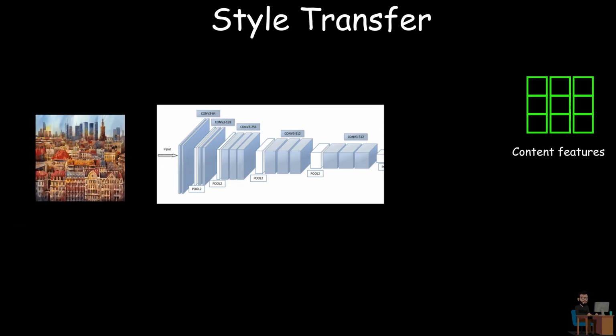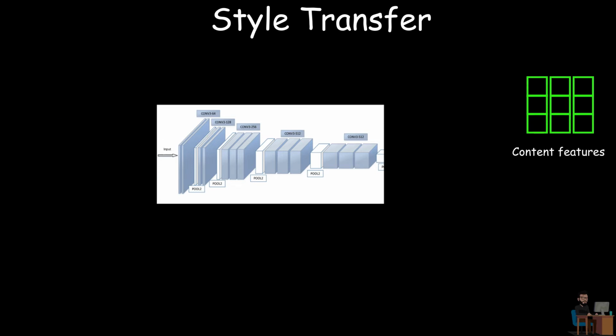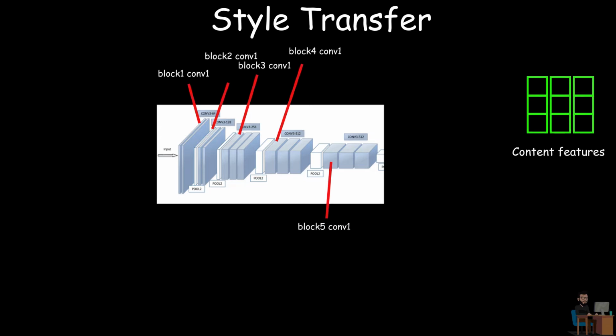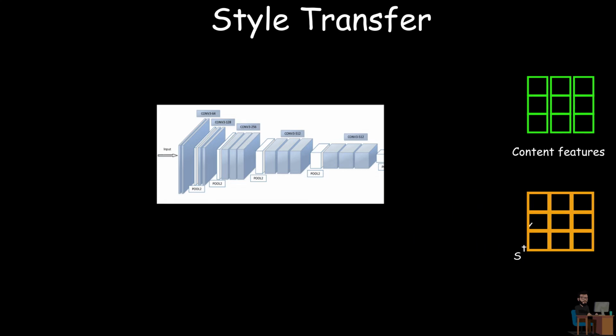In the same way, we'll push the style image into the network, but this time we'll capture features from the first convolutional layer from every block. First layer, because it contains low-level features of an image which we will need to get the style of an image. So we'll store the features from the first layer of every block.